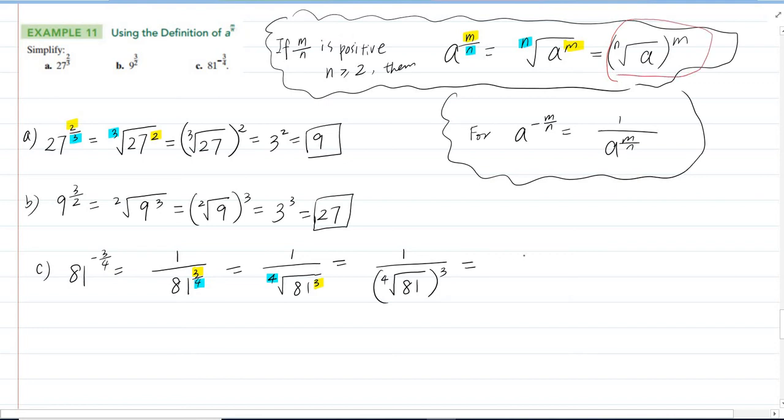That will be 1 over, and the 4th root of 81 gives you 3, because I can rewrite this as 3 to the fourth power, and then you cancel out, that gives you 3. So that would be 3 to the third power, that would be 1 over 27. So that is your final answer.